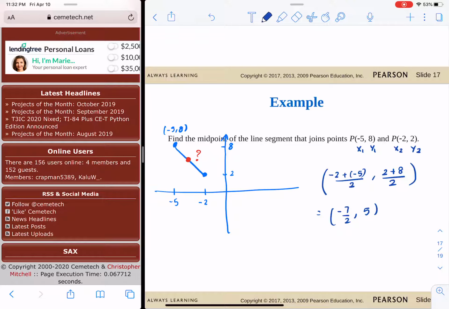And we can verify the answer because 5 is somewhere over here, and -7/2 is -3.5, which is over there. So we did, in fact, find the midpoint.